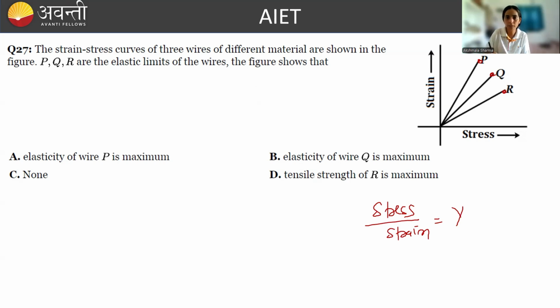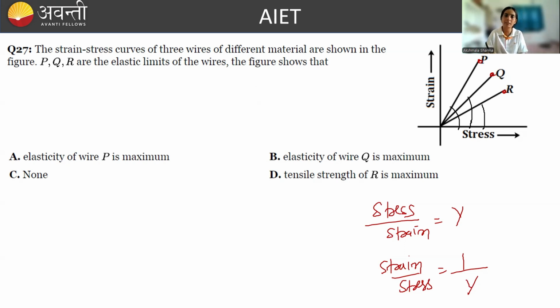So here, if you see, this is strain by stress. So strain by stress is equal to 1 by elasticity, right? That is Young's modulus here, a quantity for elasticity. If you look here carefully, the slope of P is the maximum, that of Q is medium, and that of R is the minimum. Why?